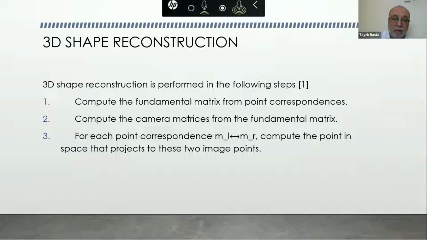Ten or twelve years later it was revived and became the essential theme at that time of computer vision for constructing a 3D scene from two of its 2D images.